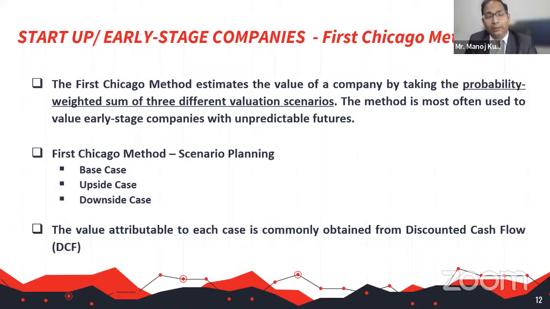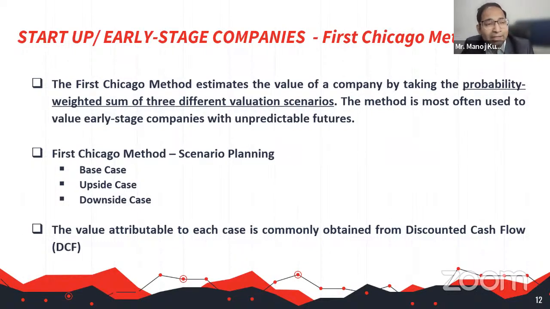But here the cash flow is projected under 3 different scenarios. One is the base scenario, which the management feels that they can achieve easily. So that is considered to be the base projection. Then there will be a projection with an upside case, where the management is allowed to provide their best case scenario, whatever they feel they can achieve over a period of 5 years.